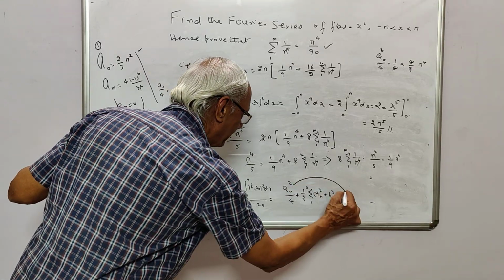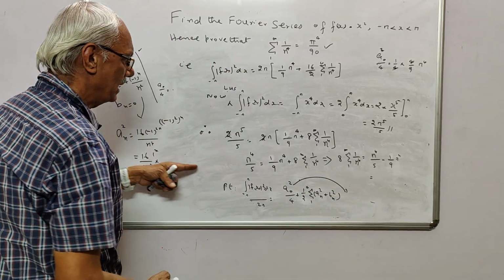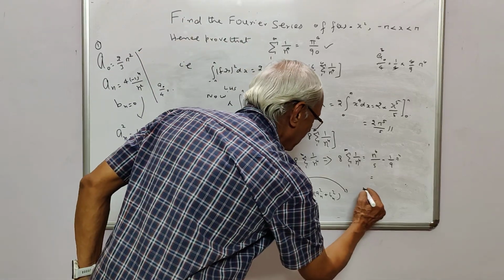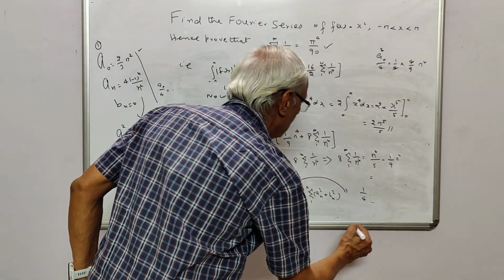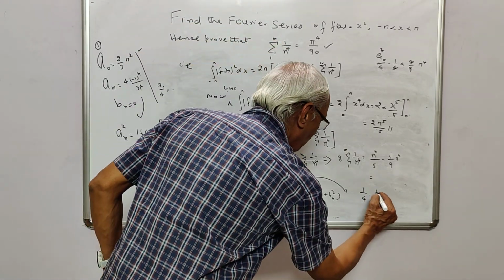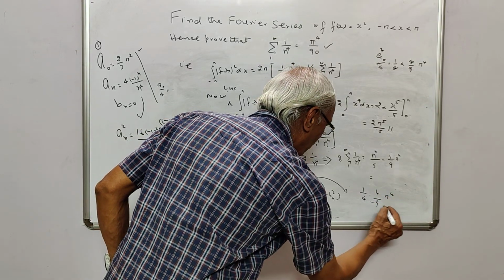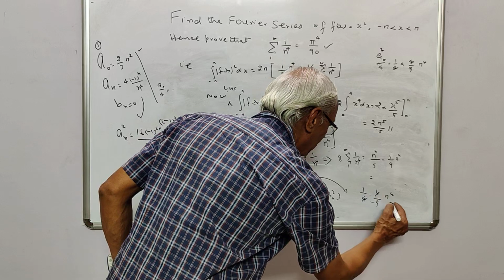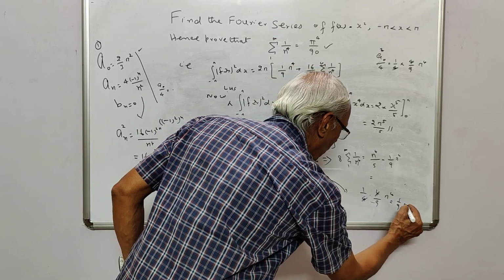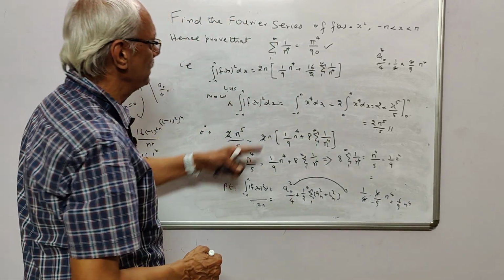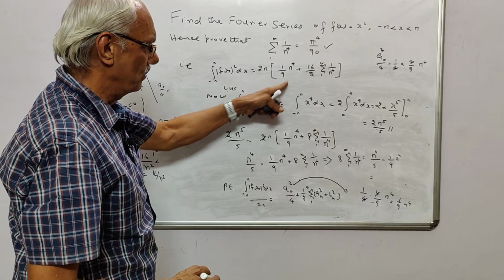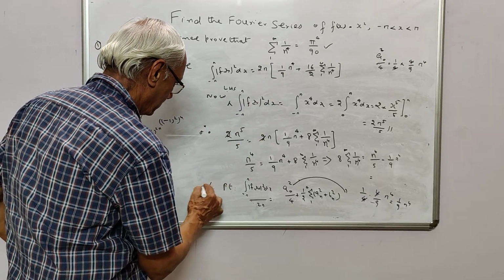So in this place, a naught squared by 4 means what? It is 1 by 4 into a naught squared, which is 4 by 9 into π⁴. So this 4 and 4 will go off, giving you what? 1 by 9 π⁴. So this is a correction.